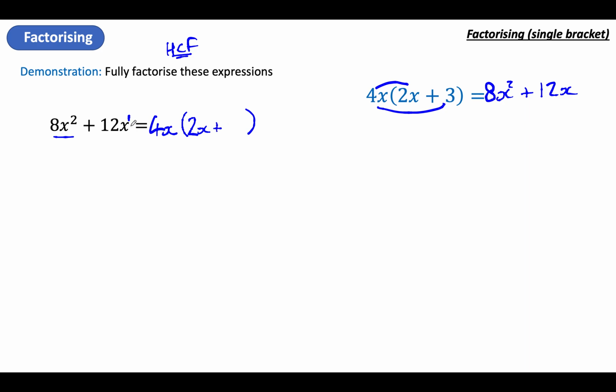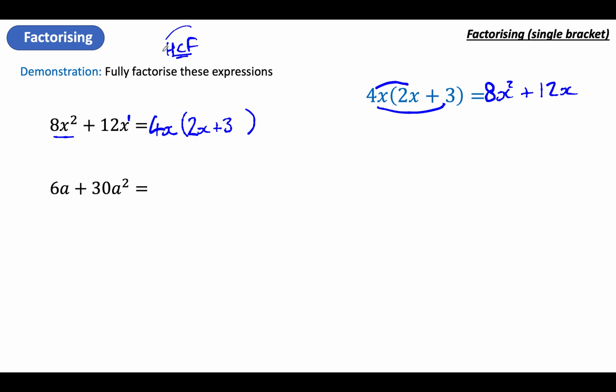Now we need to make 12x, or 12x to the power of 1, so just the 12x. Now let's do the number first, so 4 needs to be times by 3 to make 12. I need an x, and I've got an x. I've actually already got my 3 lots of 4x to make 12x. Okay, hope that helps. Let's try again.